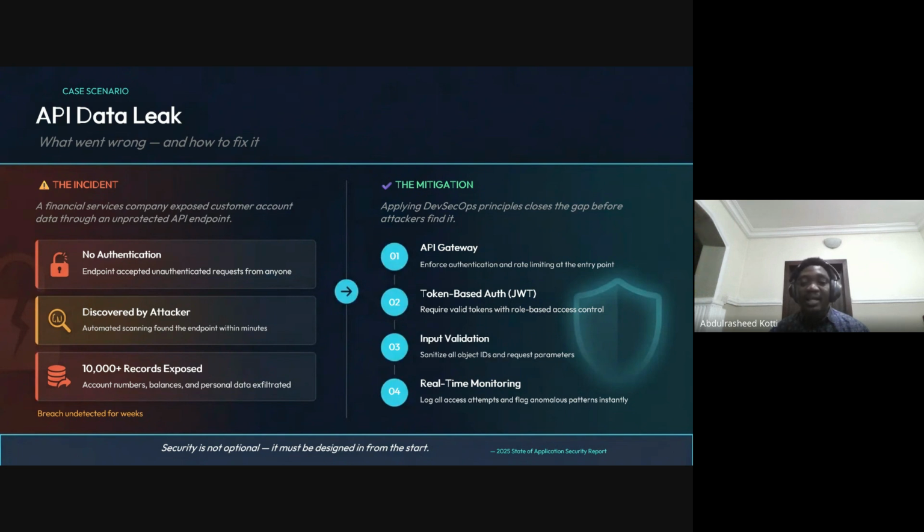And these are things like account numbers and user details. And the impact of this meant that over 10,000 records were exposed, and a lot of sensitive data was leaked. And despite this, the issue was not known for weeks.